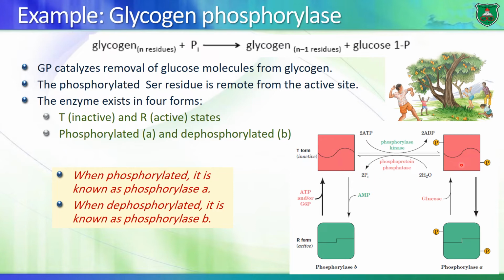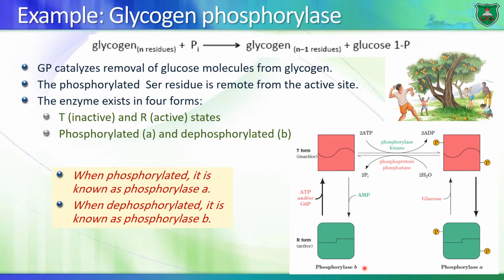When the enzyme is phosphorylated, it prefers to be in the R state. So phosphorylase A mainly exists in the R state, the active state, and phosphorylase B mainly exists in the T state, the inactive state.